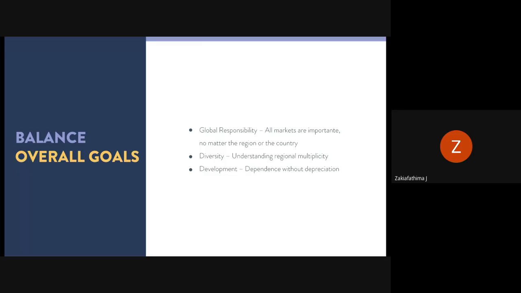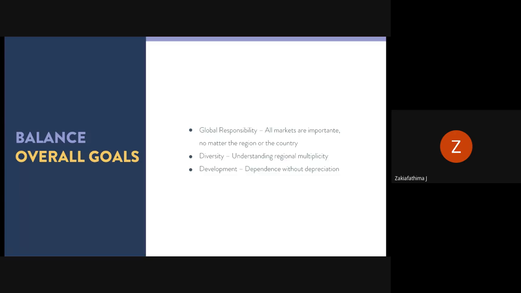Diversity, understanding regional multiplicity. Understanding regional multiplicity means you understand that a particular product is not just fit for your region alone. There are different products for different regions.